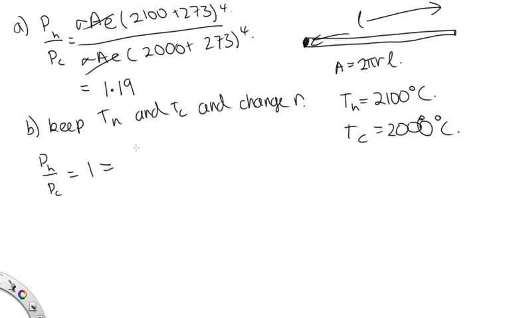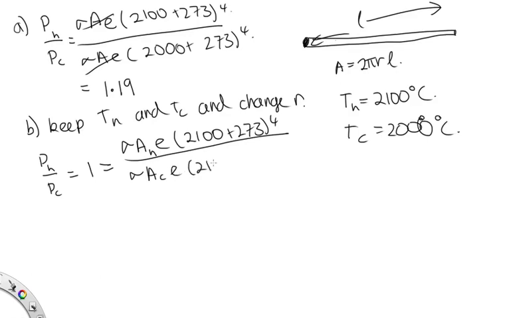So this is equal to sigma A of the hot one, E, and this temperature hasn't changed, so it's 2100 plus 273 to the 4, over sigma, the surface area of the cold one, that's 2000. Okay, so that cancels, that cancels. Now this part we've solved up here. We know that the value of this is 1.19, so let's replace that with 1.19.